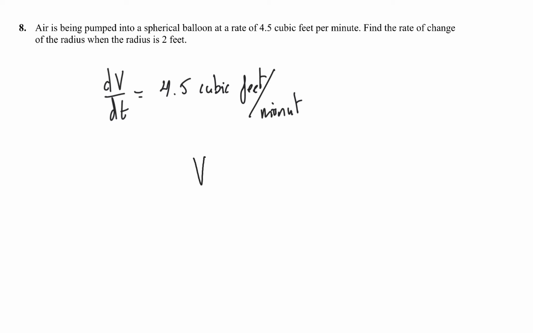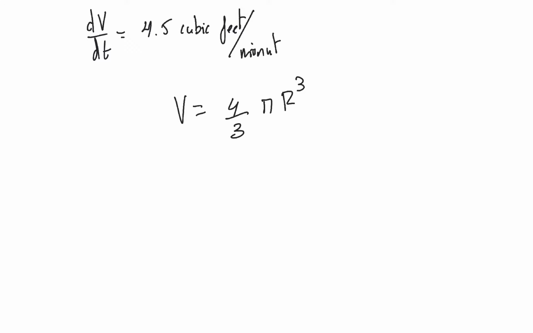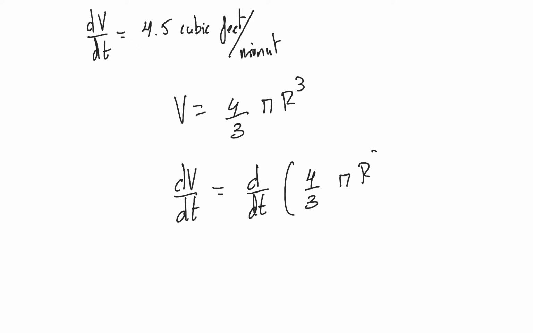So the volume of a balloon is 4/3 pi r cubed. So when there is a change, we do implicit differentiation. We take the change per unit of time on both sides. So it's the change with respect to time of 4/3 pi r cubed.